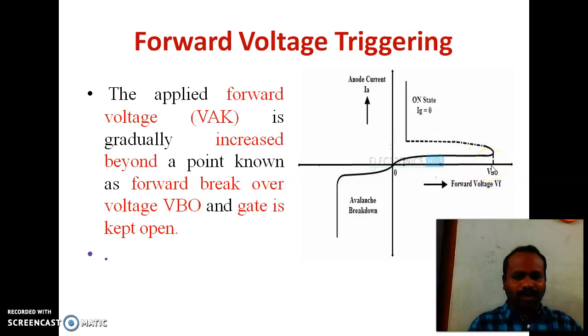If it reaches the point VBO, then the thyristor will get turned on. This turning on of the thyristor from its off state is known as triggering. During this triggering, the gate should be in open condition.